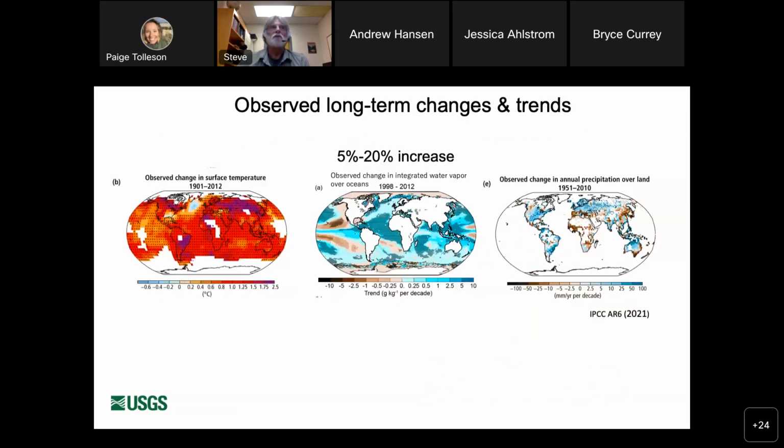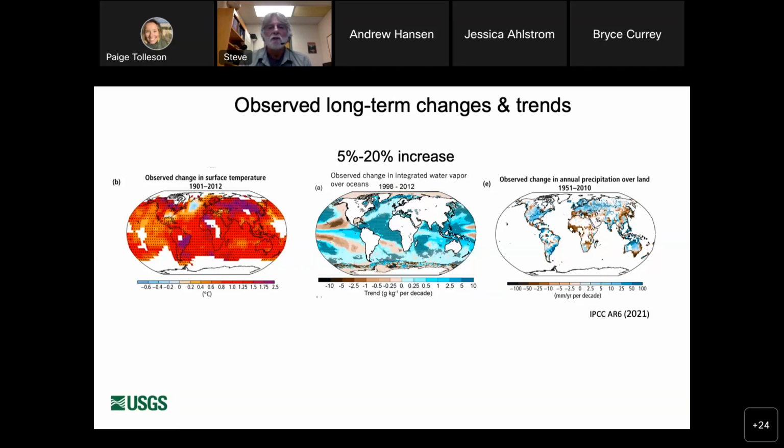But of course, that's global. And when you break it down and look more spatially, these changes are not uniform. We see that on the map on the left here, temperature, that there's a lot of global warming going on everywhere, but the trends are different. They vary spatially. In the middle, I'm showing the trend in integrated water vapor, and what that is is just the amount of water vapor in the atmosphere.